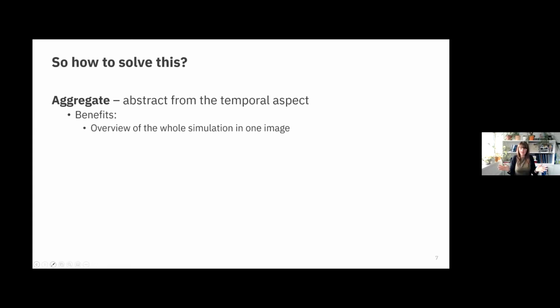But basically, the overview of the simulation is a really nice aspect of this aggregation approach. Another is that if we are talking about a 3D representation of the structure, within this aggregation you can quite easily spot the spatial location within the protein where this interesting event happened. So you have this connection with the 3D structure again, and you can have information like this quite easily accessible.